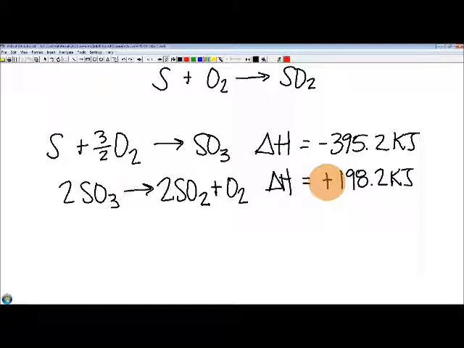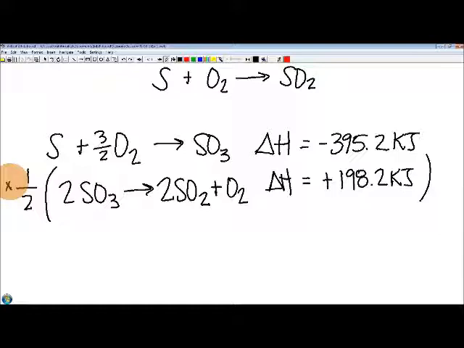So in order for that to only have 1, we're going to multiply everything, including the delta H, by 1/2, or divide by 2. Two ways to think about it. Either divide by 2 for everything, or multiply by 1/2. That means all of the coefficients change, as well as the change in enthalpy.